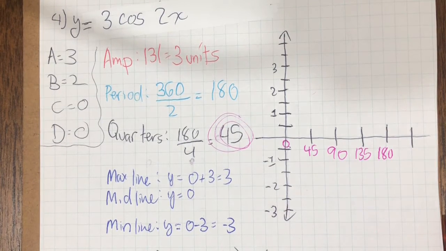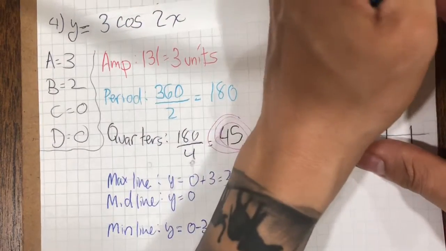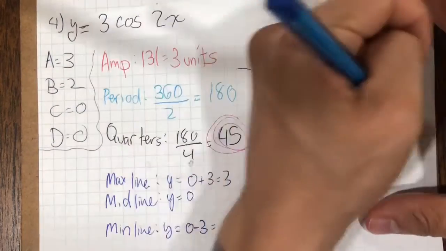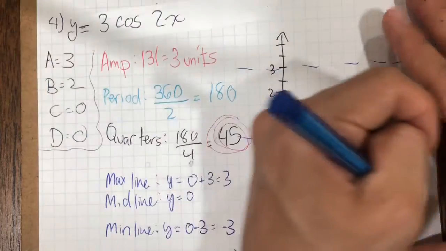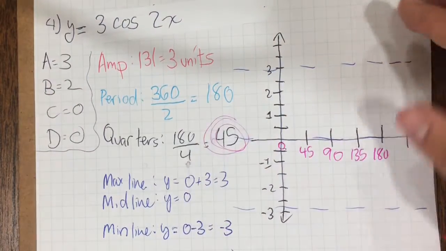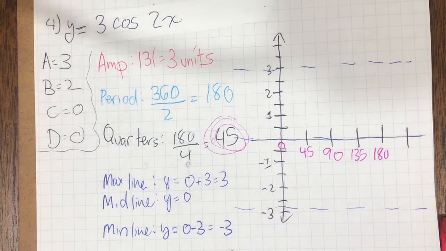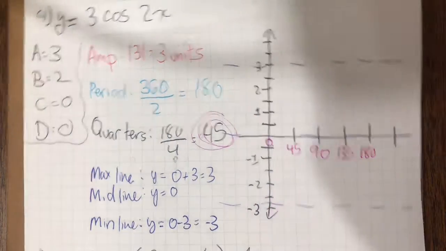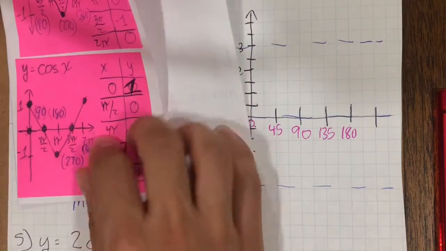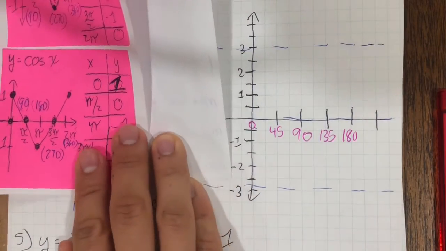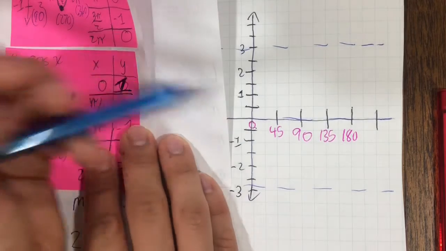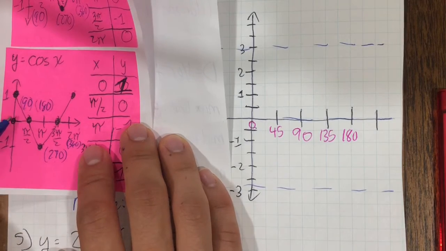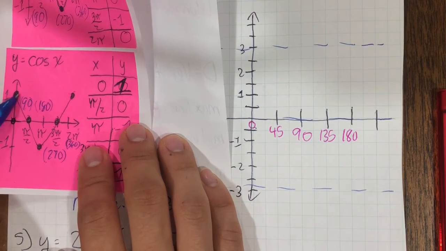And then let me go ahead and identify the max line, the mid line, and the min line. So I have those 3 lines, and I'm going to graph by using the original graph for cosine of x. Originally, for my starting point, the original point would be 0, 1, which is a max.